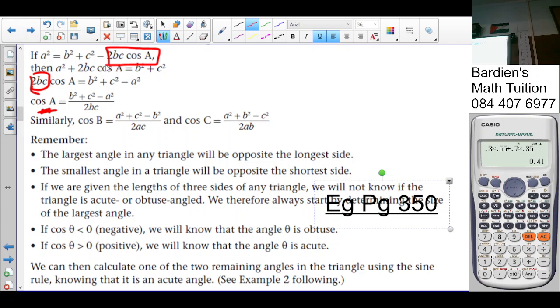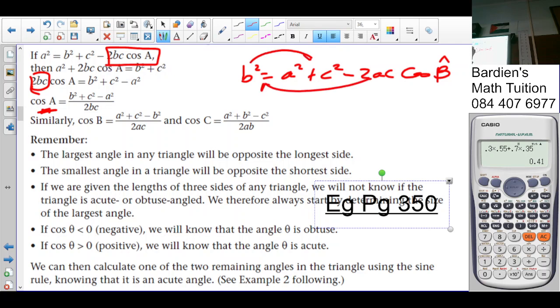Let's do then b squared is equal to a squared plus c squared minus 2ac cos of angle B. If I make cos B the subject of the formula, take that on that side and that on that side, it's going to be 2ac cos B is equal to a squared plus c squared minus b squared.